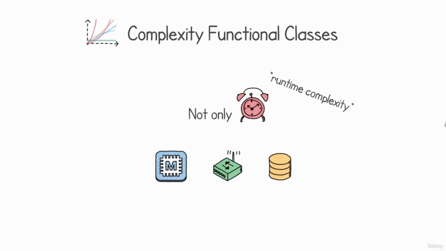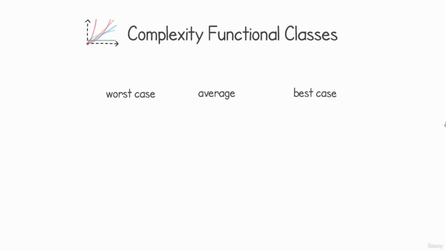The other thing is that when we come to measure an algorithm to determine what is its complexity functional class, it's not just about measuring one metric. There are three cases. There's the worst, there's the average, and there's the best case. If we had to continue with the analogy of the padlock, the solution to go through every single combination of the padlock has a worst runtime complexity of the exponential class, the c to the power of n.